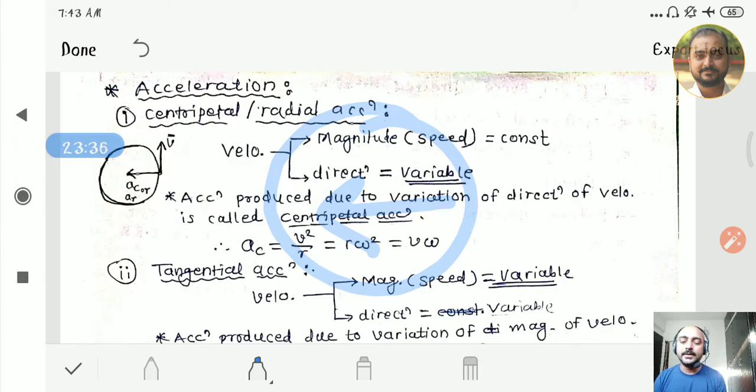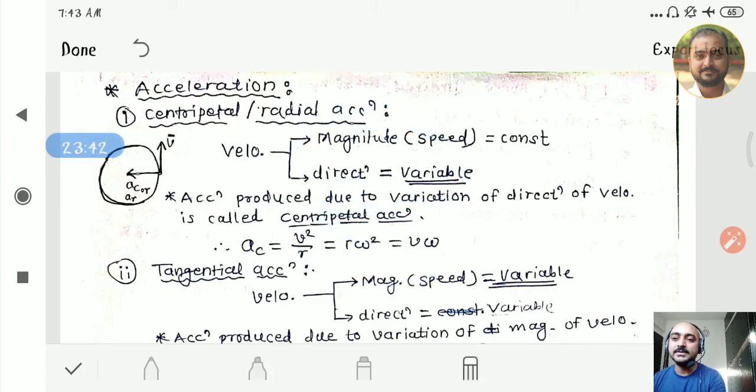Next, why is this acceleration produced, or why do we call it centripetal acceleration? Remember friends, this acceleration is produced due to the variation in the direction of velocity.